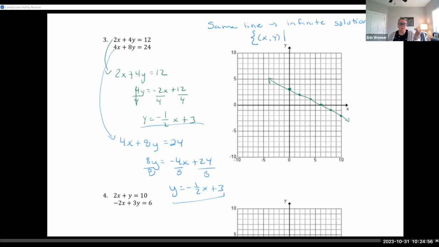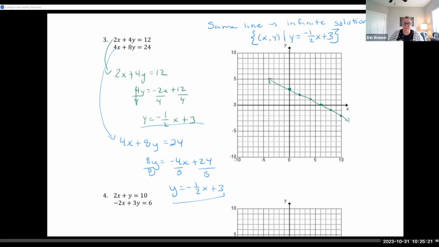So it's the set of ordered pairs x, y such that they lie on the line. So they would write y equals negative 1 half x plus 3. And so in mathematical notation, what they're saying is that it's all the ordered pairs x and y that are on that line or satisfy that equation. That's what that solution means.